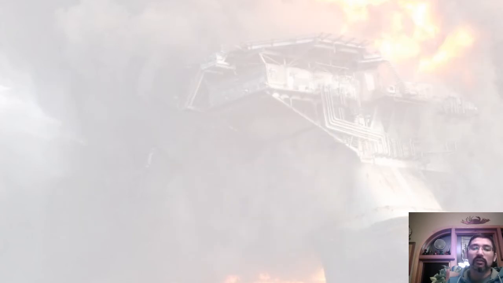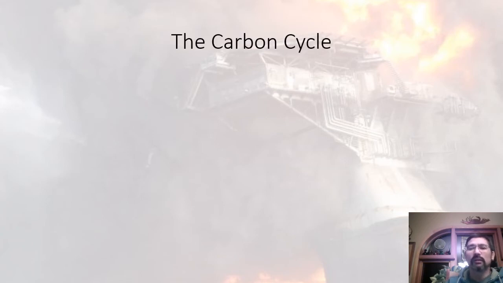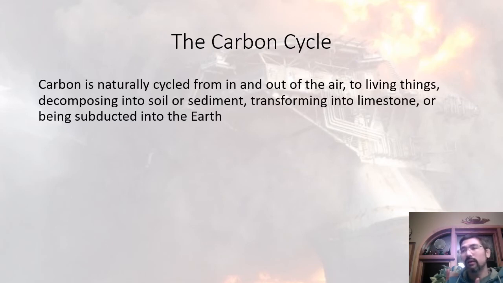In addition to the problems with extracting and using fossil fuels, there's another problem, and it's related to our carbon cycle. Now carbon, it goes into the air and it gets sort of captured and stored in the earth through lots of different processes. So let's just go ahead and talk about these different processes.